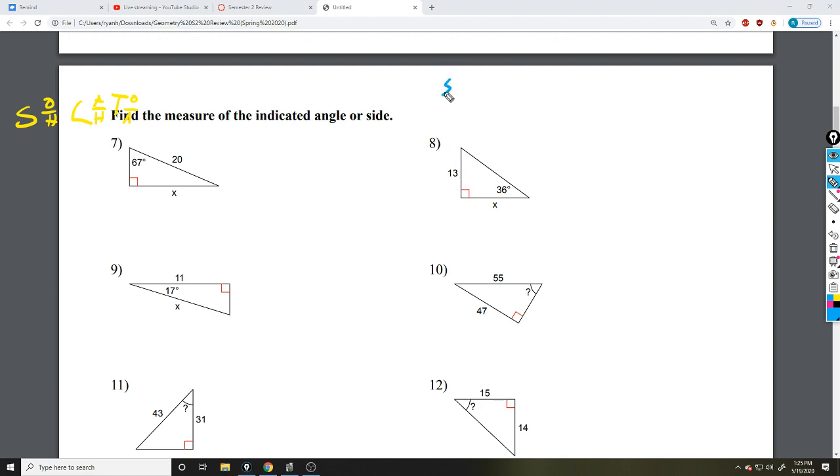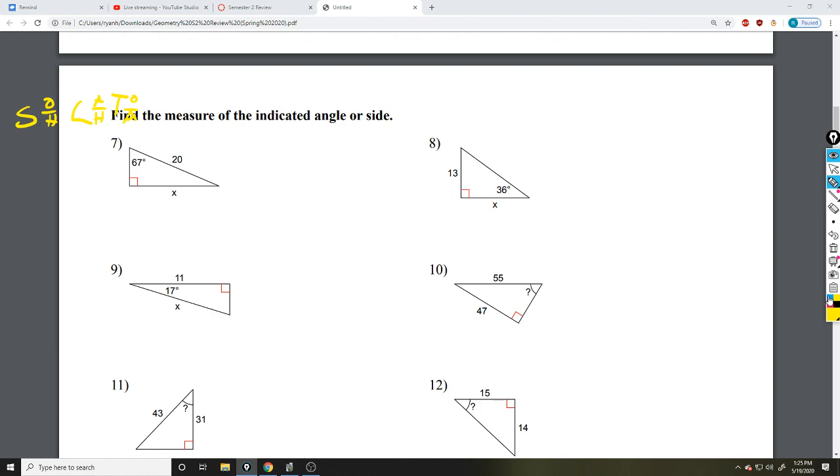We're going to go sides. Whoa. Back up. What happened? First off, I'm losing bits of my SOHCAHTOA as I go here. There we go.